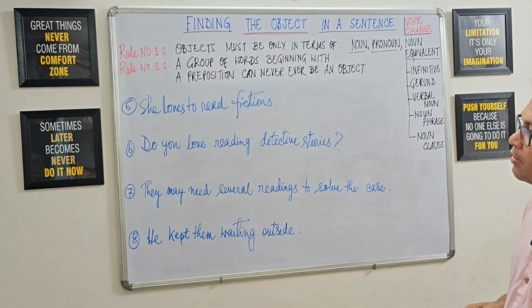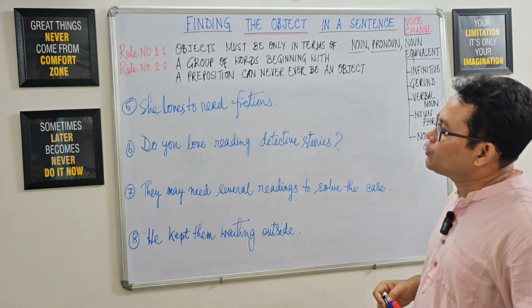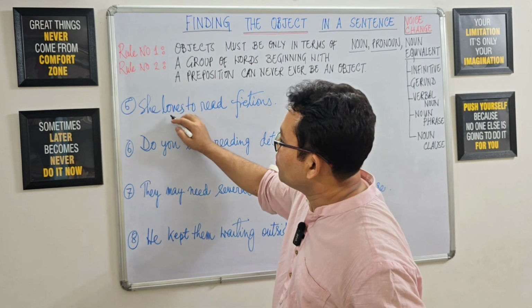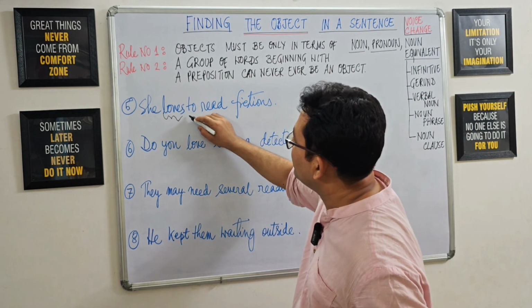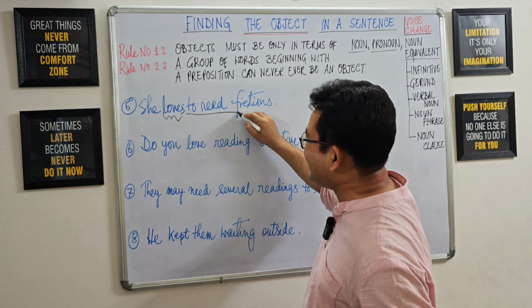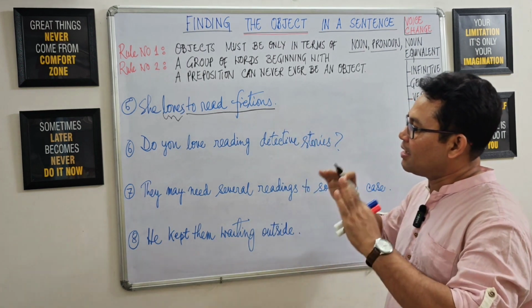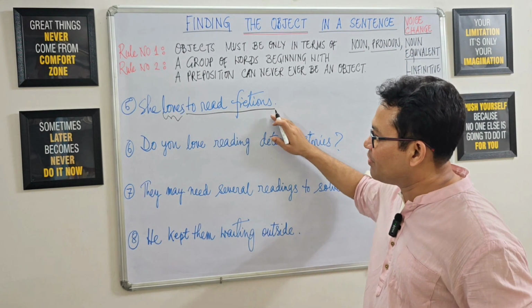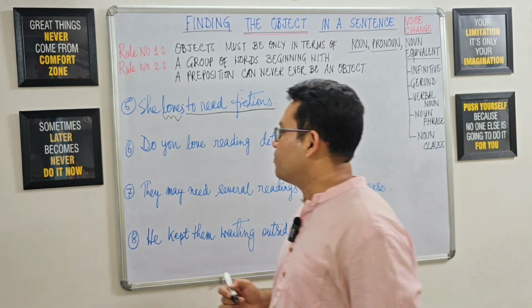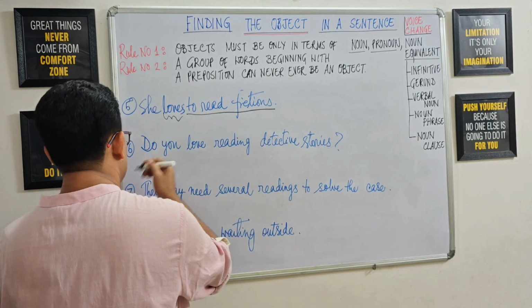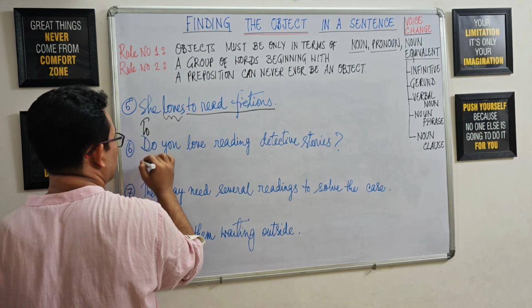The first one, number 5, she loves to read fictions. So main verb loves, after that we get a combination of infinitive to read, extend it. So we will get the infinitive phrase to read fictions. So this is now the object in this sentence. So let us use it as the subject.